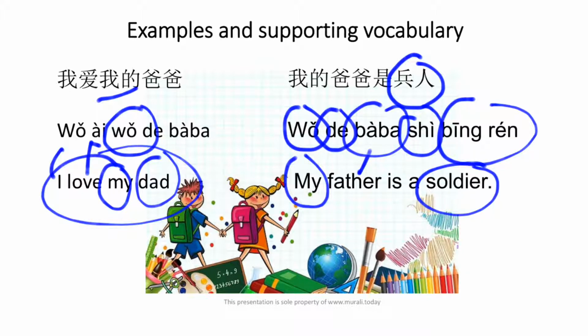I hope you are clear. So you can see there are different words you are learning here. One is the word ai, which is love, and Baba is father, and my means wo de, and you can use the same words again. So basically we are learning the building blocks of a particular sentence, and we are trying to use them in different positions to get some meaning out of it, right?